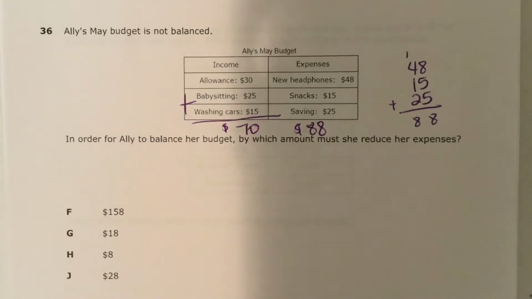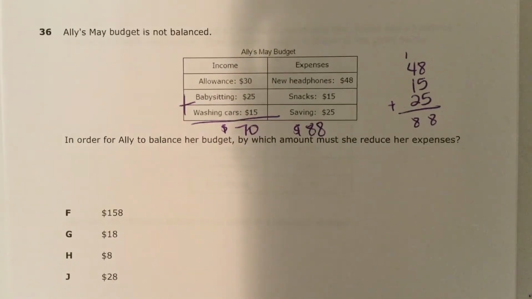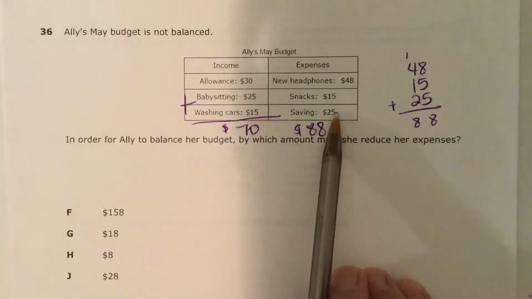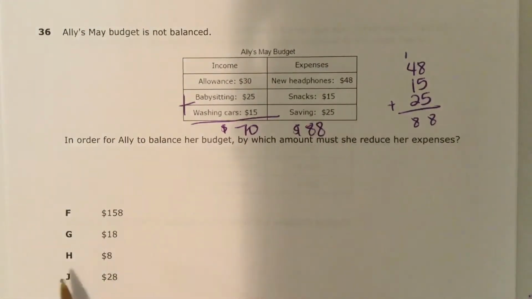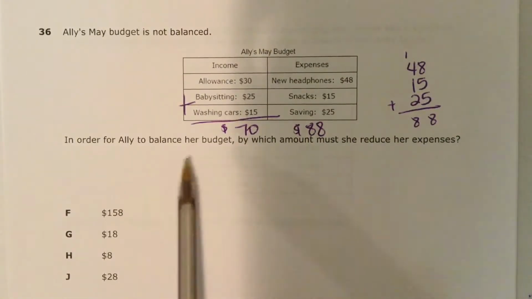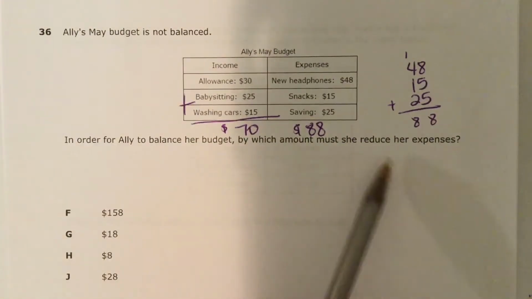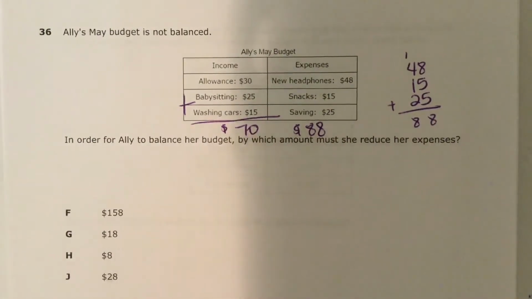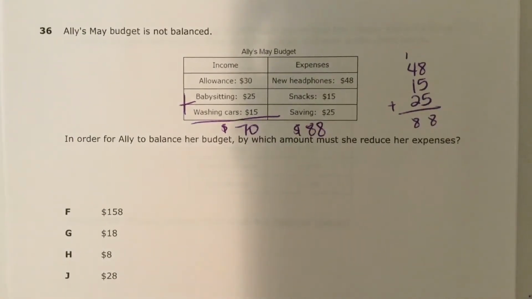Okay? So where can I cut? All right? So hint, we're not ever going to cut from savings. But it's not asking us that. It's asking us, in order for her to balance her budget, by which amount must she reduce her expenses? So basically, what's the difference between what she's making and what she's spending?